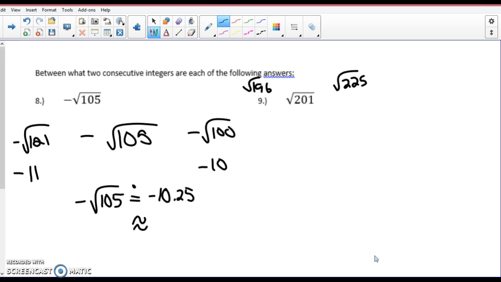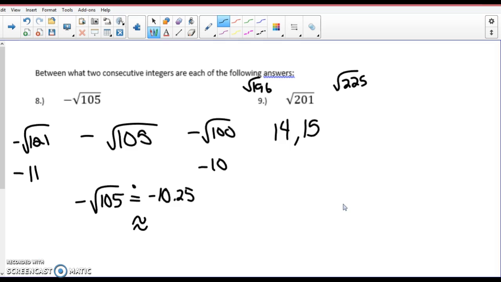The square root of 196 is 16, and the square root of 25, no it's not. What am I saying? 14 and 15. The square root of 196 is 14, and the square root of 225 is 15. So it is between 14 and 15.